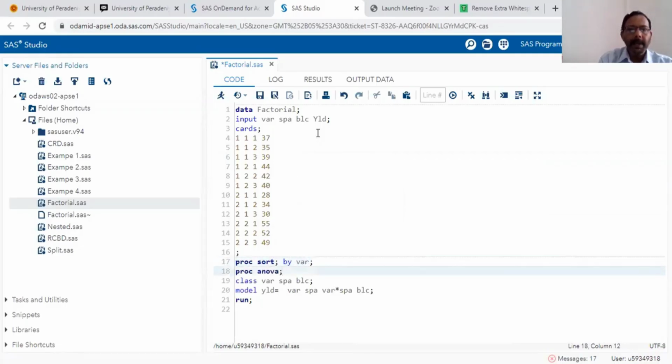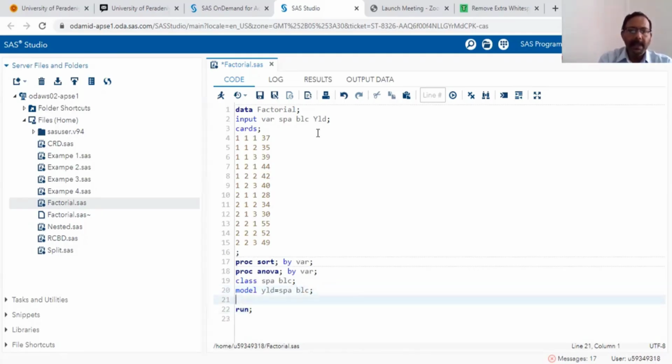Look very carefully at how I'm writing the program. Here variety is missed out. Spacing is there. Block is there, so we'll have to keep the block. You cannot remove the block.